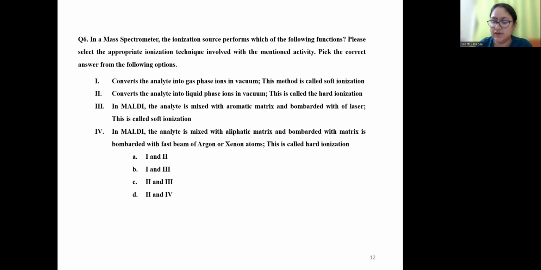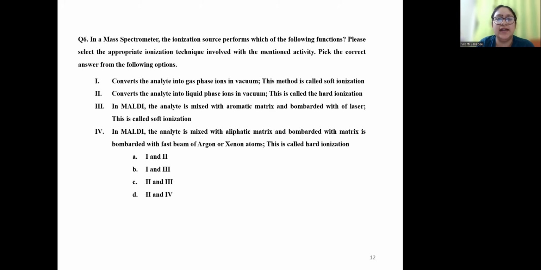So can I have one answer after the discussion? I'm giving you all the clues, right? It's a soft ionization. So just give it a thought to the rest of the questions, which don't have soft ionization, and don't narrow it down, and see two, and you feel it's two and three.